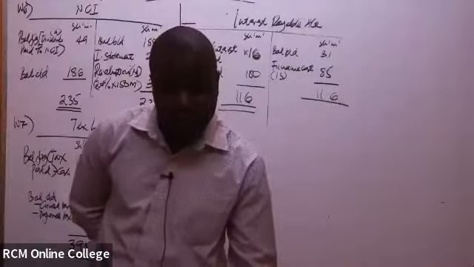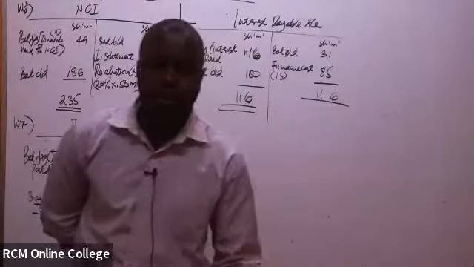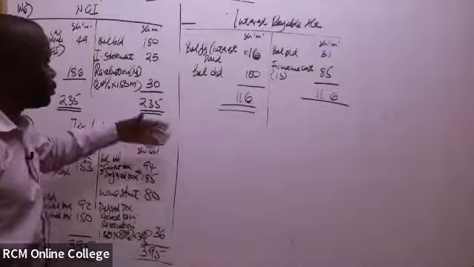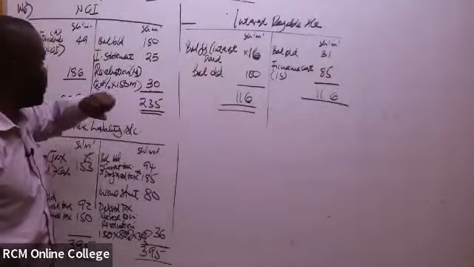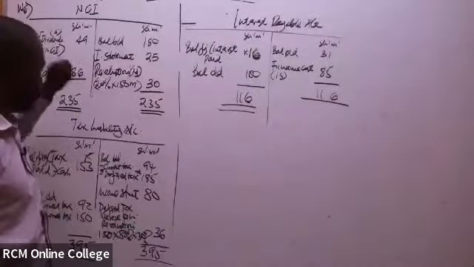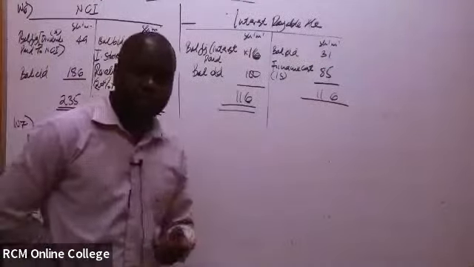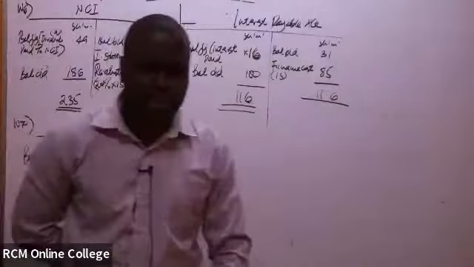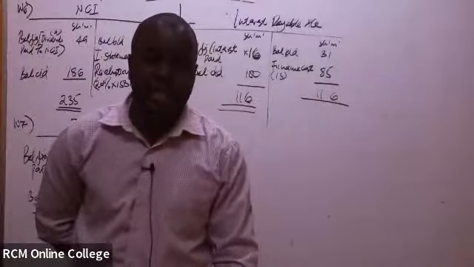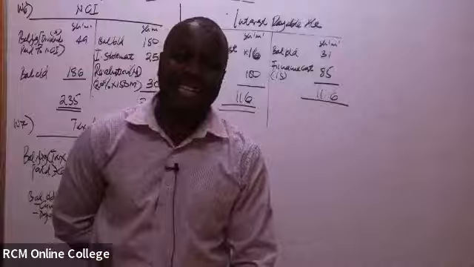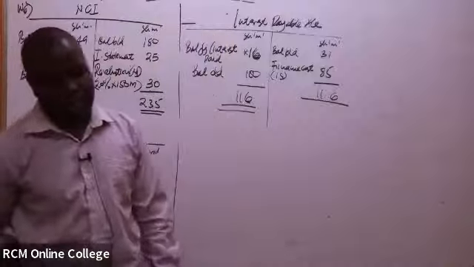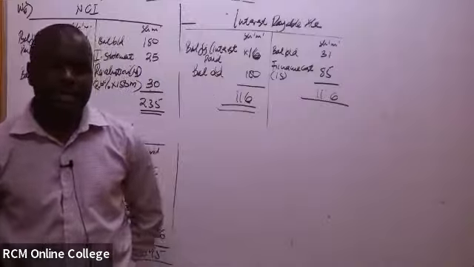An associate profit is part of the items appearing there that is related to retained earnings. But overall, the retained earnings, we've already been able to deal with it because the interest expense, we've dealt with it. The tax expense, we've dealt with it. Depreciation, we've dealt with it. Gain on disposal, we've dealt with it. So overall, we've been able to tackle any item that would have affected the retained earnings.